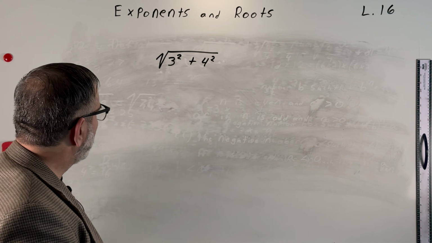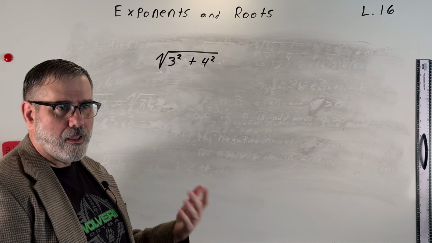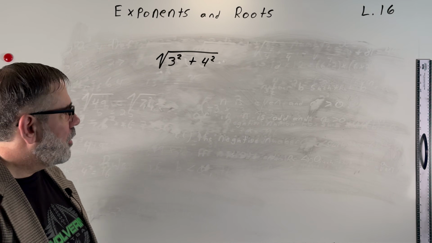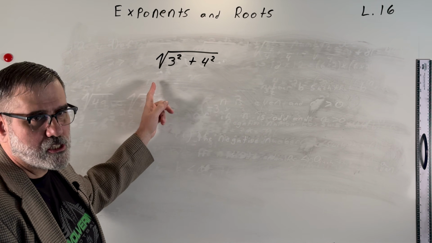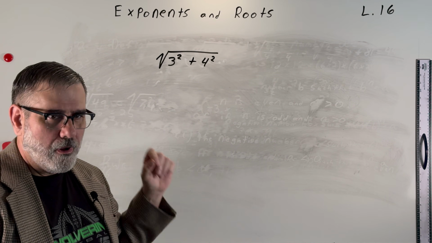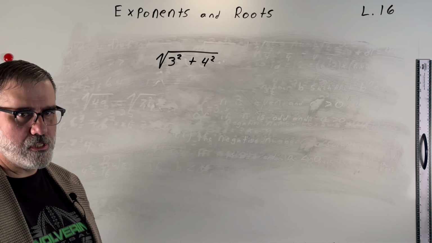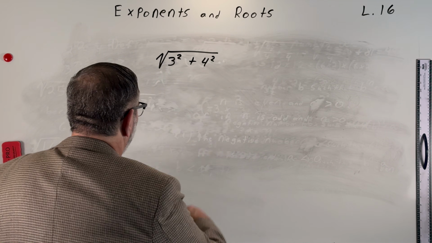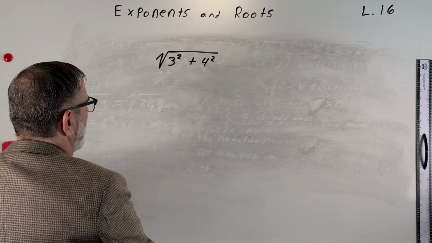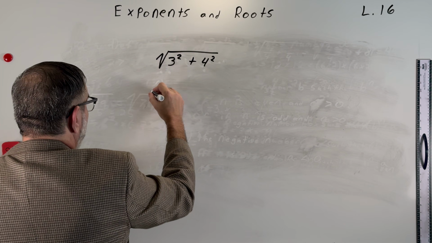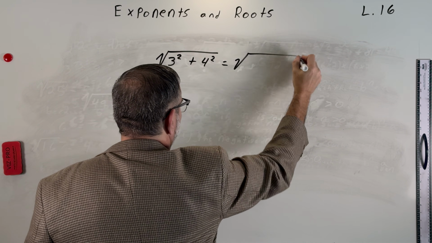Okay, well, because this is not a fraction, we can't get a common denominator or anything like that. All we're really able to do, and remember we cannot separate this into two square roots added to each other, we can't say this is 3 plus 4, therefore 7, right? The only thing we can do is expand these square numbers. So we know how to square 3. So this will be equal to, again, the square root of 3 squared.